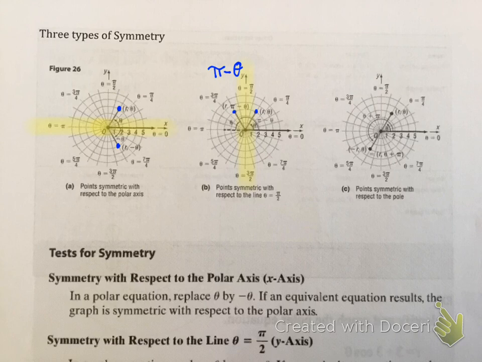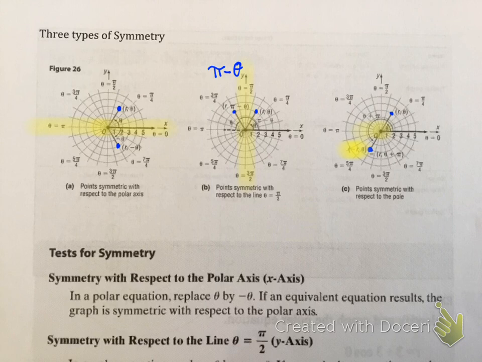And then finally, we're going to check for points symmetrical with respect to the pole. Here's the pole, and here's my original point. My new point is one of two things. I can call this negative r, theta, because remember, if you take negative r, it moves the point.